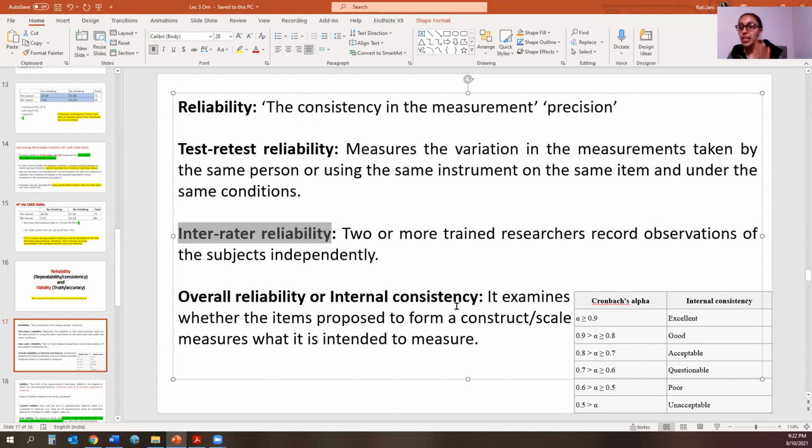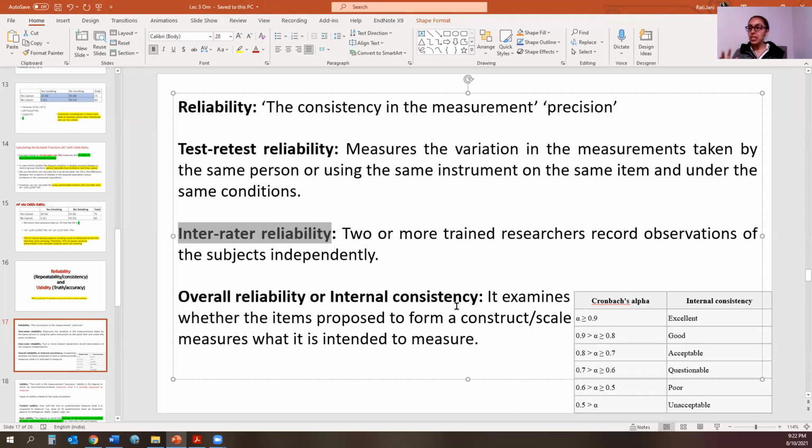This is called inter-rater reliability, meaning 2 or more trained researchers are recording the observations from the subject, and then you compare your notes to see that you do not have any researcher bias. It's not that because I want my research to succeed, I have my own bias in interpretation, where I say that all of the children in the food lab hated broccoli.